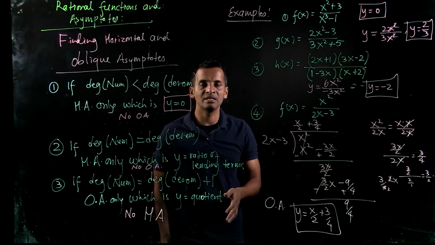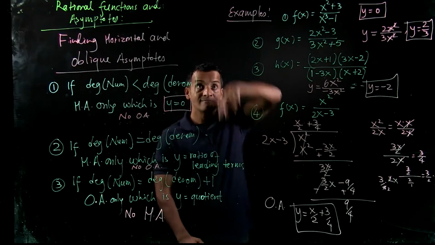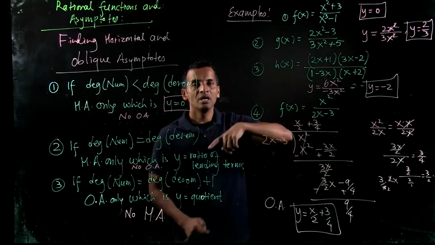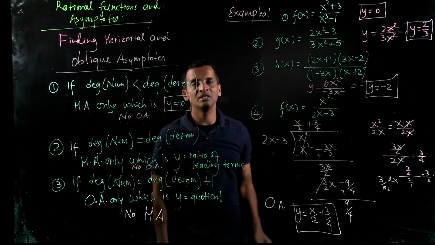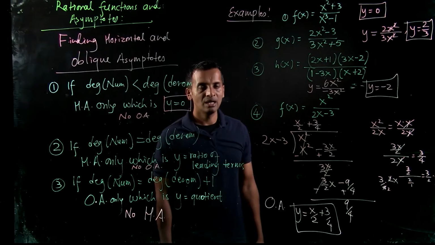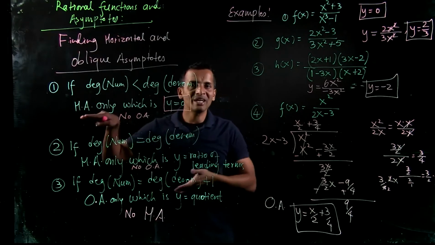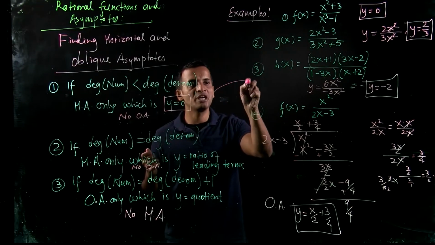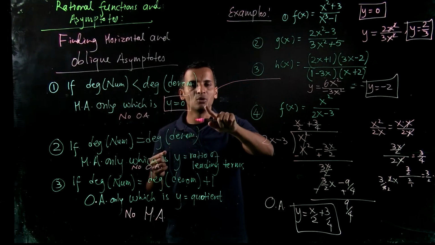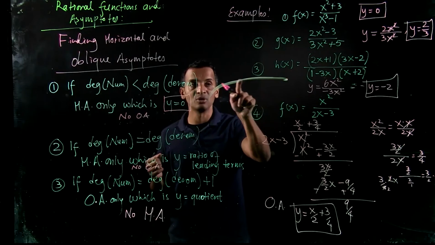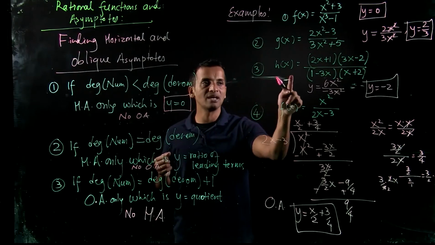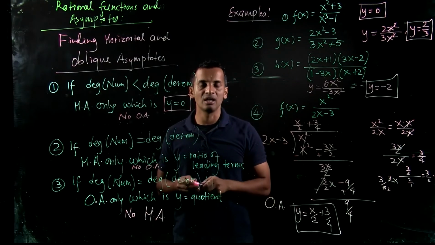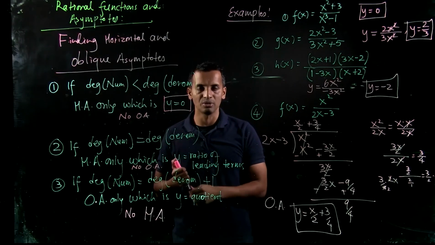Have you seen an electrocardiogram, that type of behavior? If you see the blow up, that must be the vertical asymptote, right? And for the horizontal asymptote, you can see that the curve shows smooth behavior, and then it goes to a horizontal line. That will be the horizontal asymptote. Okay, you can estimate from the graph as well. Similarly for the oblique asymptote as well. Okay.